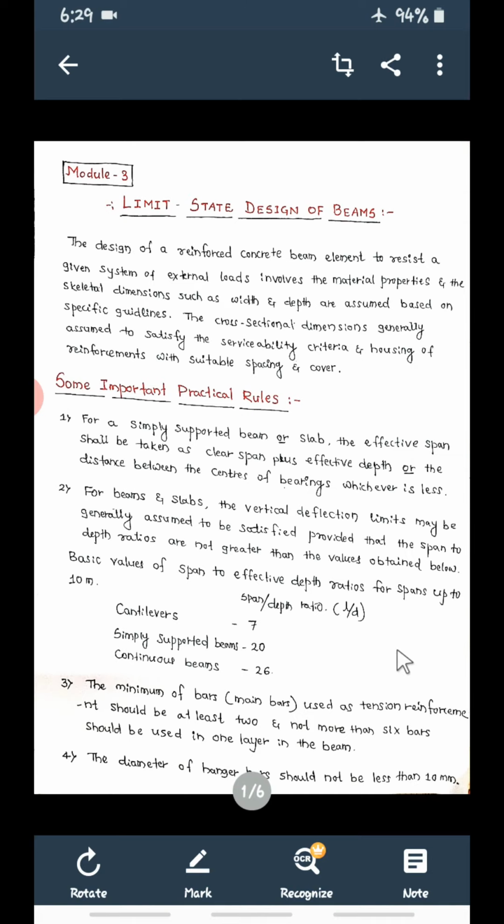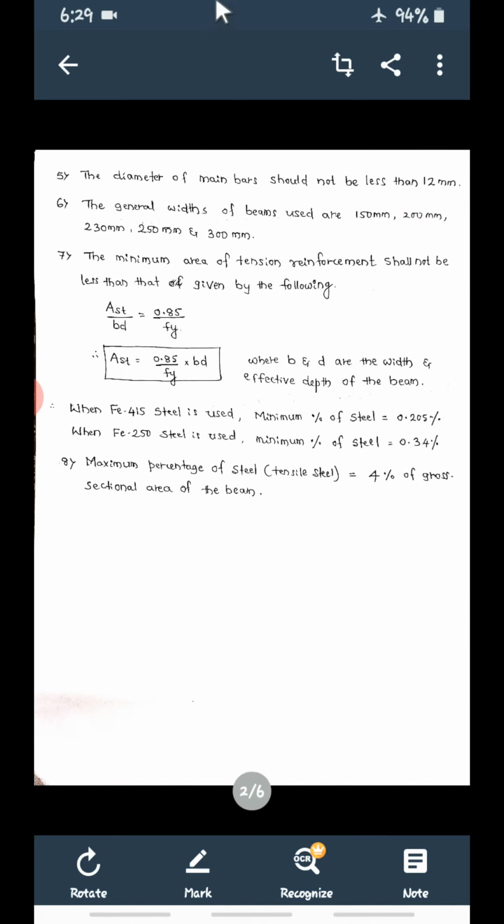So this is for hanger bars. Next, the diameter of main bars, that is tension steel at the bottom, should not be less than 12 mm. So hanger bars should not be less than 10 mm diameter, and bottom steel diameter should not be less than 12 mm.